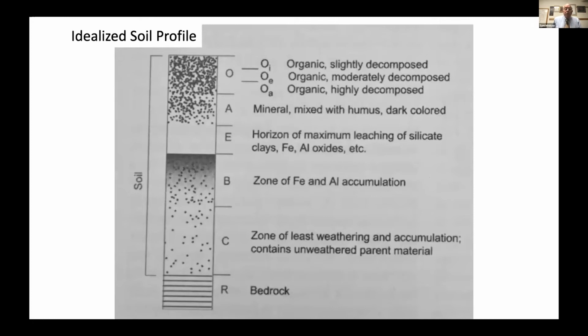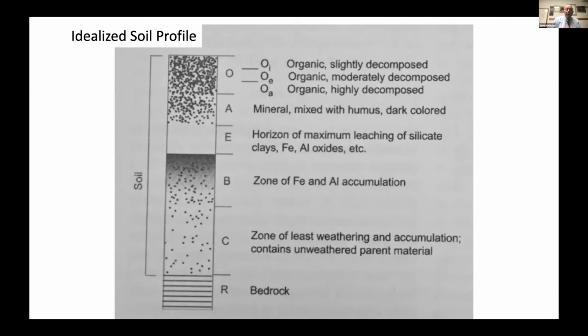Here's an idealized soil profile of a natural soil. At the top we have organic matter, slightly decomposed, moderately decomposed, highly decomposed. We then have an A horizon, mineral mixed with humus and dark colored.